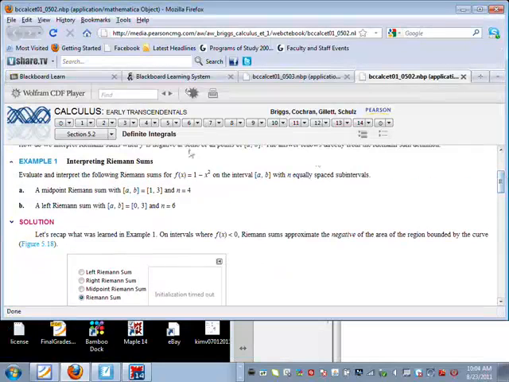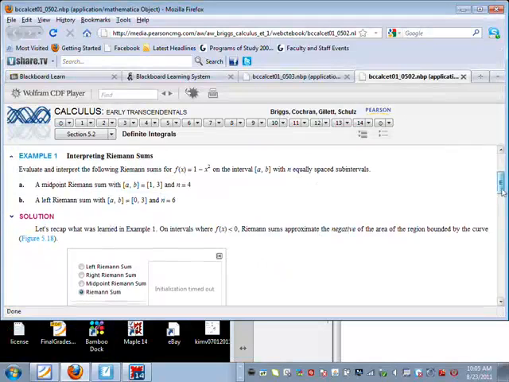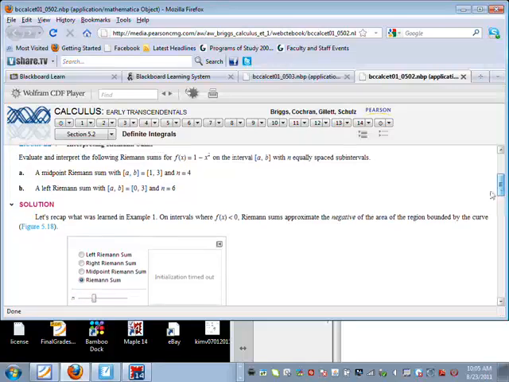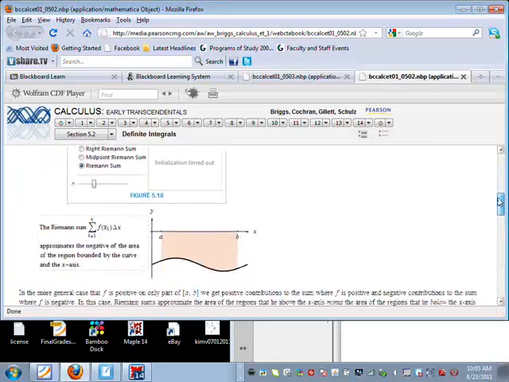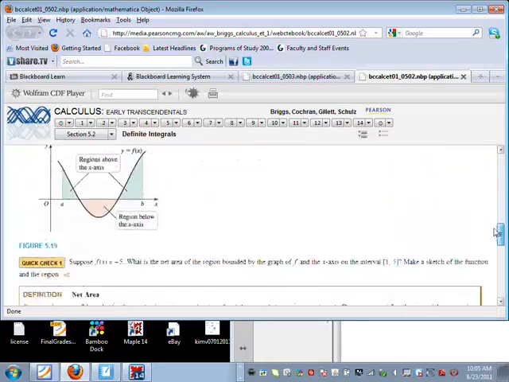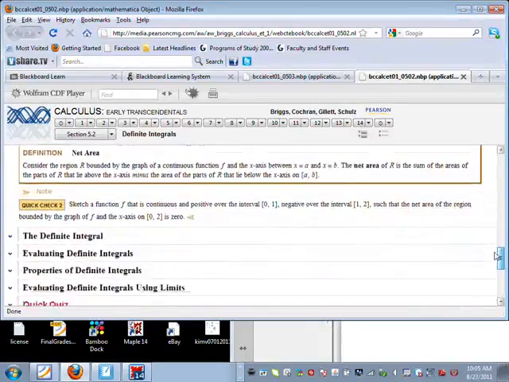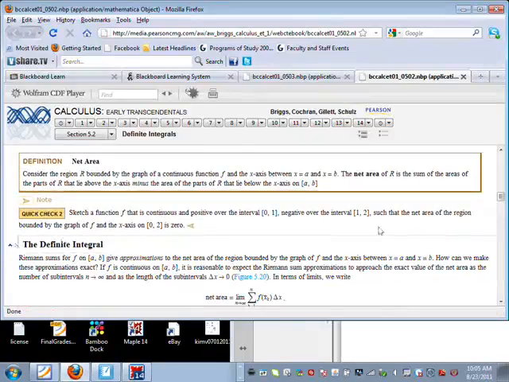So the function f of x equals 1 minus x squared on the interval a to b with n equally spaced subintervals. So a midpoint method, you can do a left Riemann sum. And all we mean by Riemann sum is just adding up those terms, adding up the rectangles. That's the net area. Here's the definite integral, and it's the limit of a sum.